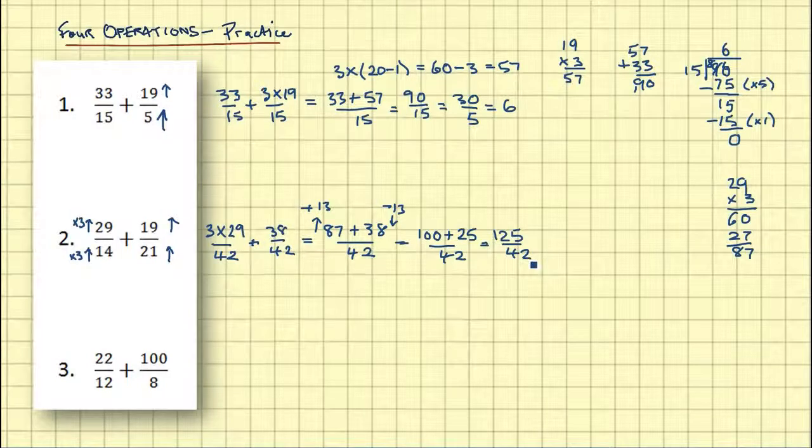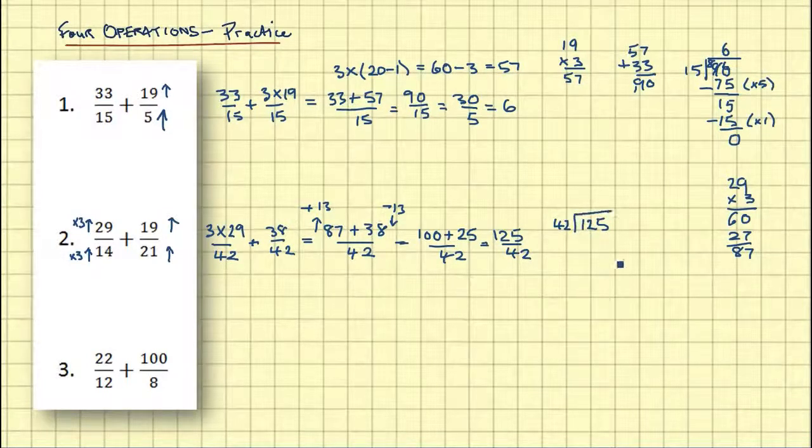So we've actually got the answer. The answer is 125 divided by 42. But if we wanted to work this out, and it's a good exercise to do that, let's just try 125 here.